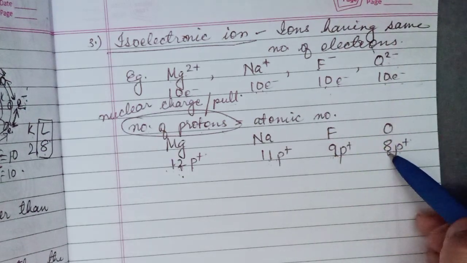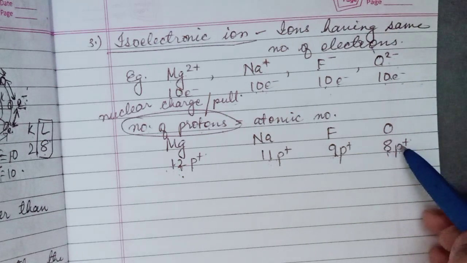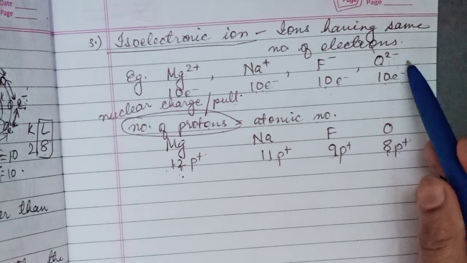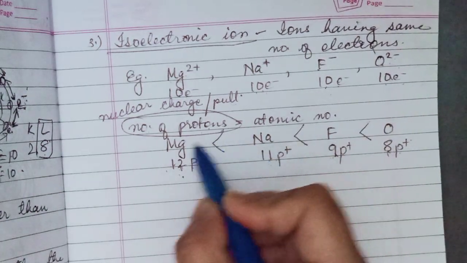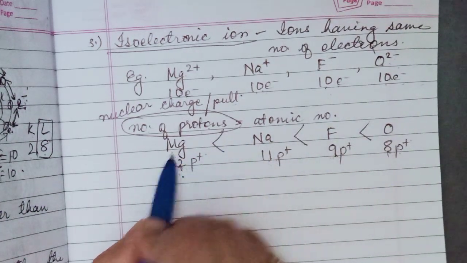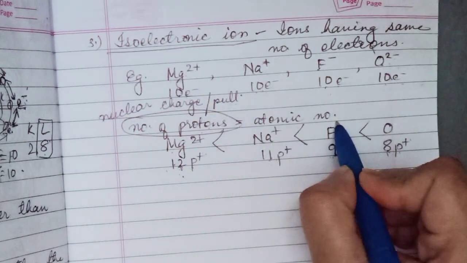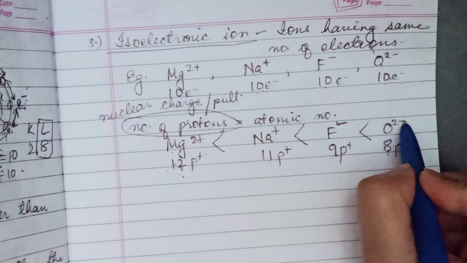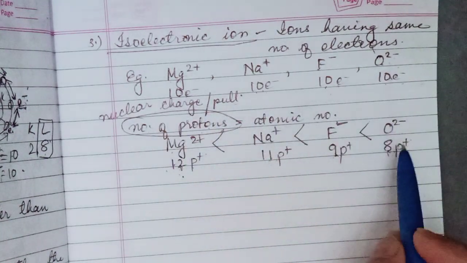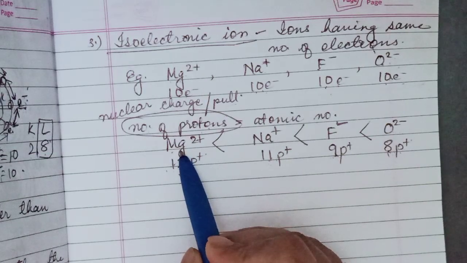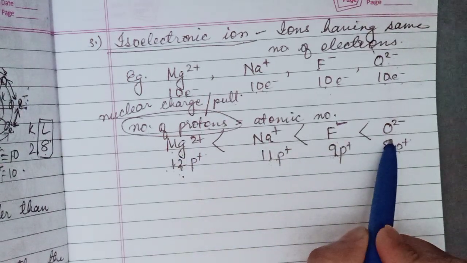That's why the size will be bigger here. You can say that magnesium ion is smallest and oxygen ion is biggest. Magnesium will be smallest, then sodium, then fluorine, then oxygen.